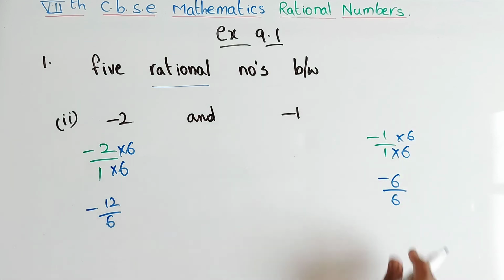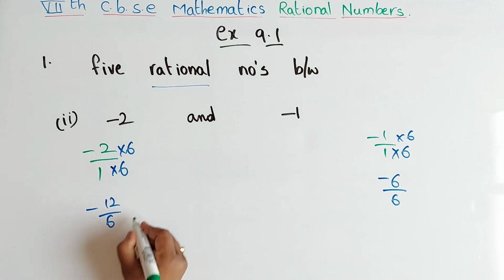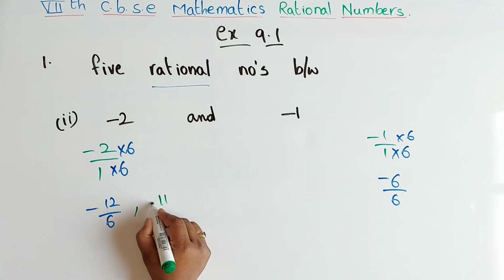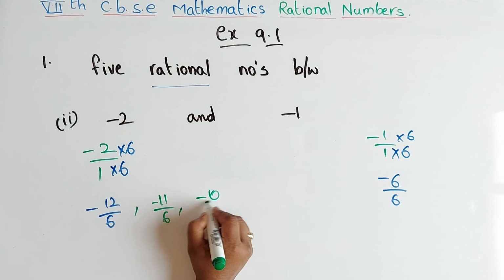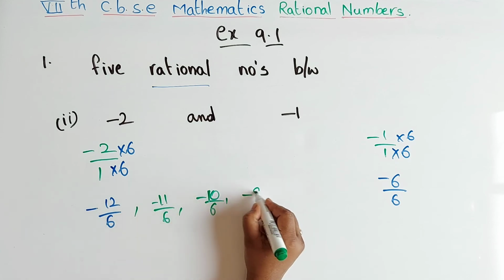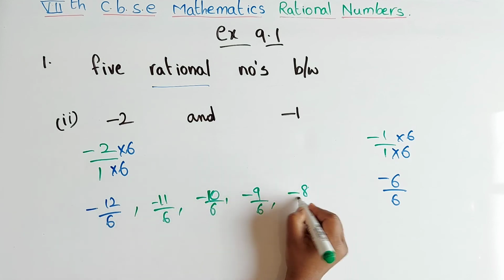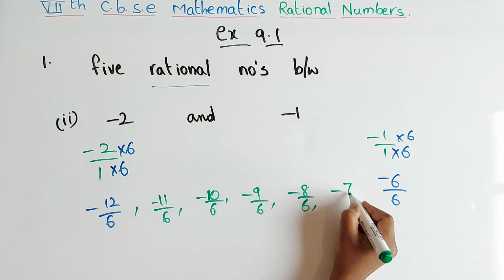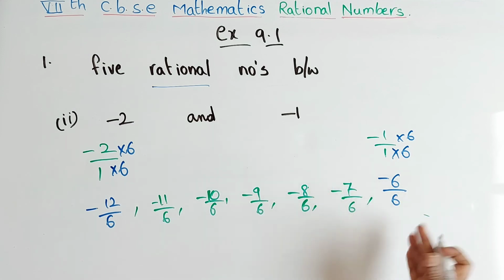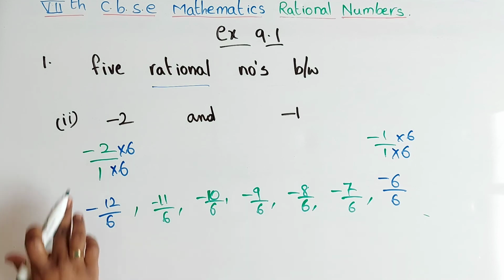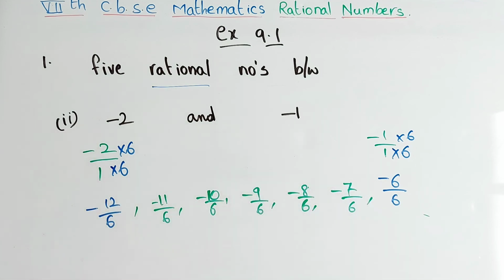Now we can write rational numbers. Right, children? Minus 12 by 6, here minus 11 by 6, minus 10 by 6 here, minus 9 by 6, minus 8 by 6, minus 7 by 6 and minus 6 by 6 already there. Right, children? These are the rational numbers in between minus 2 and minus 1.